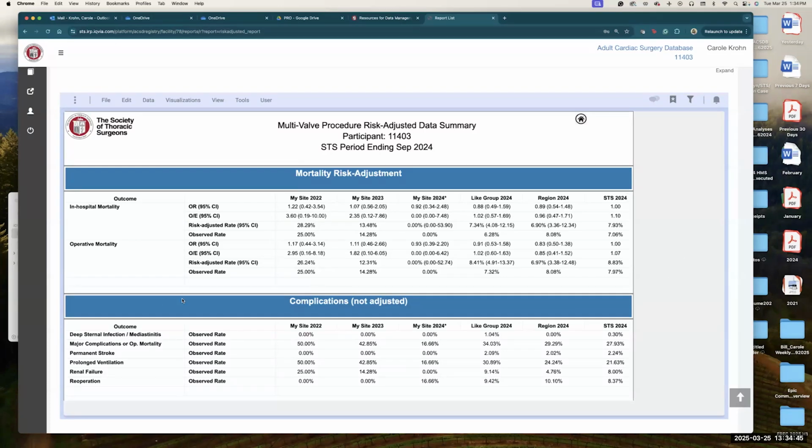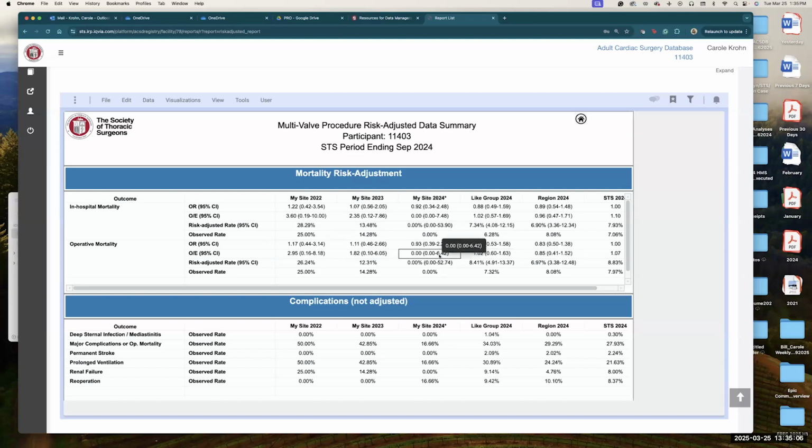So you'll see the confidence intervals pretty wide. The observed to expected for operative mortality for this site is 0.16 to 8.18 for 2022. Still pretty wide in 23 and for 24.